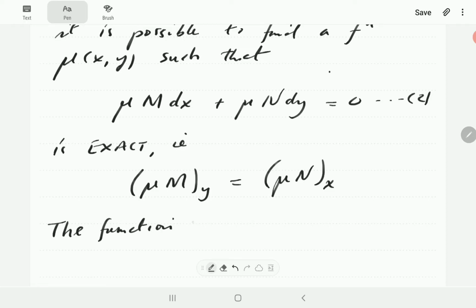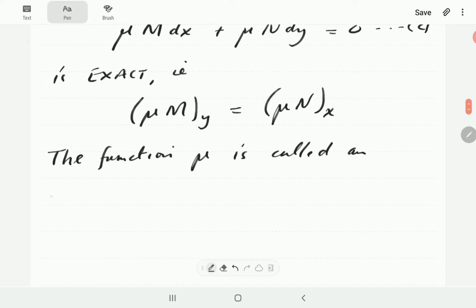So basically an integrating factor is a function such that if you multiply your ODE with it, the new ODE is exact. So mu is an integrating factor.